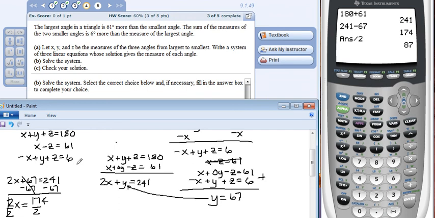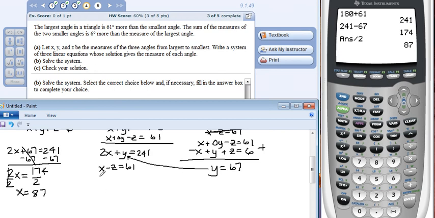All right, so now I can pick any of the three to find my z. I'm going to pick this one because I don't have a y in there, so it's a little bit easier. X minus z is 61. So I know this is 87 minus z is 61. I'm going to subtract my 87 across.